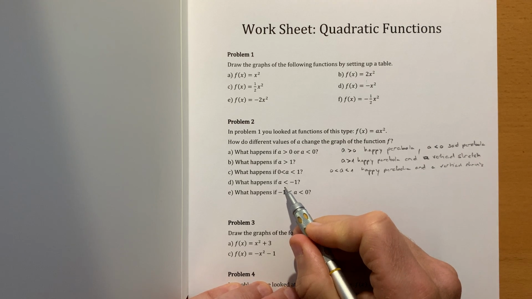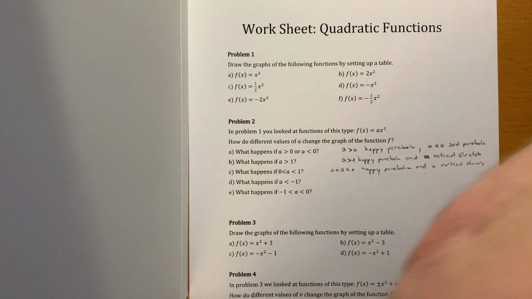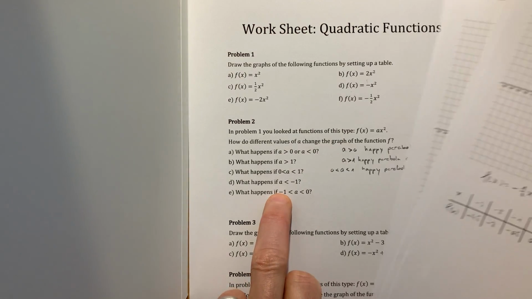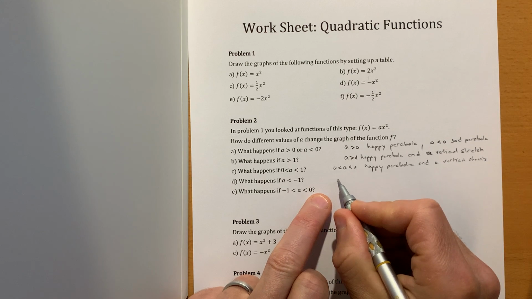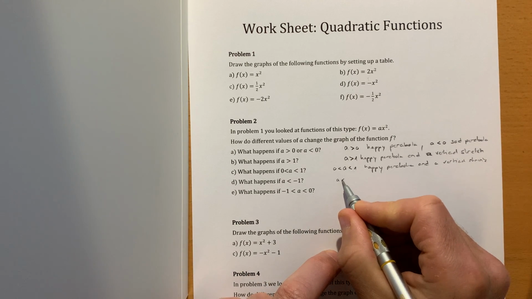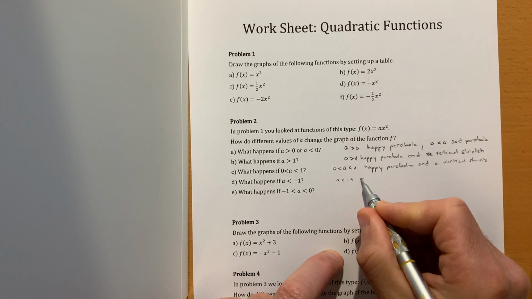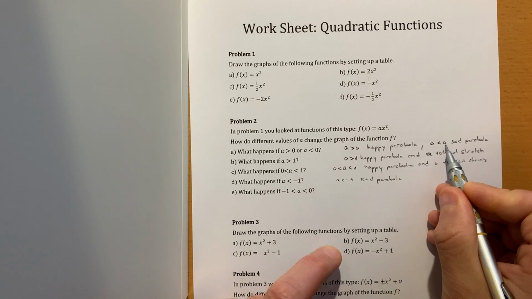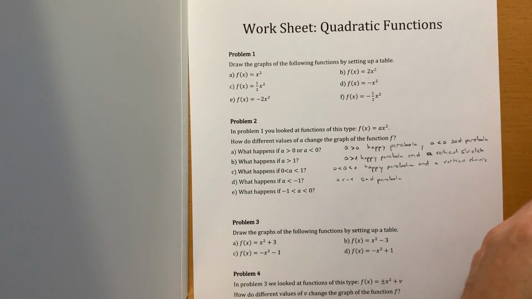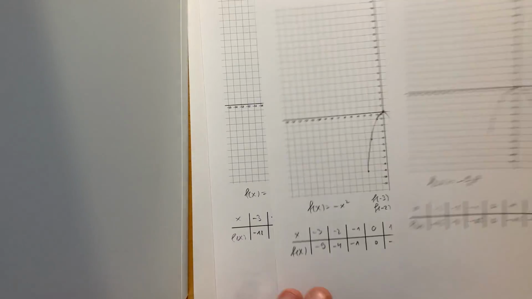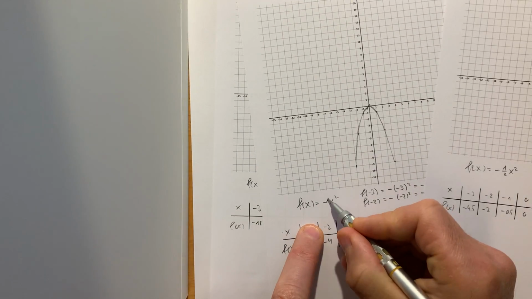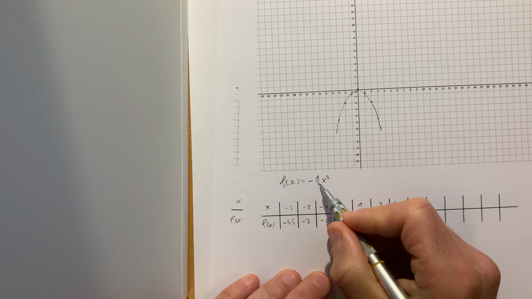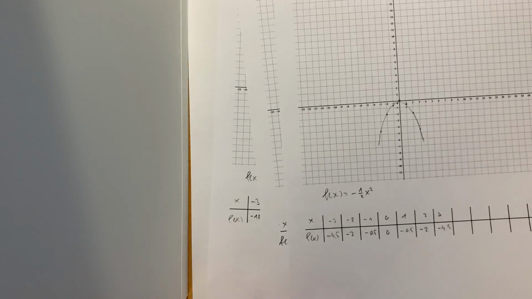So what happens if a is less than minus 1? Look, if it's less than minus 1, it's obviously a sad parabola because it's less than 0. And if it's less than minus 1, look, here it was exactly minus 1, sad parabola. Here it was minus a half, that's not less than minus 1.